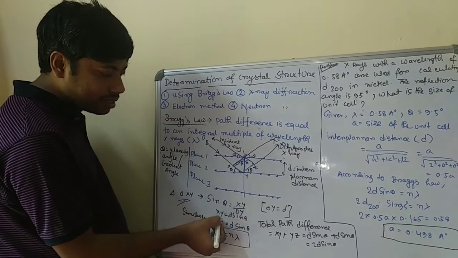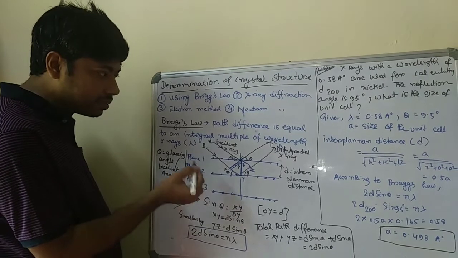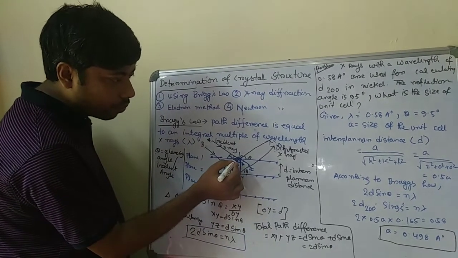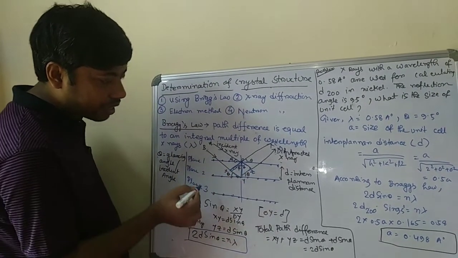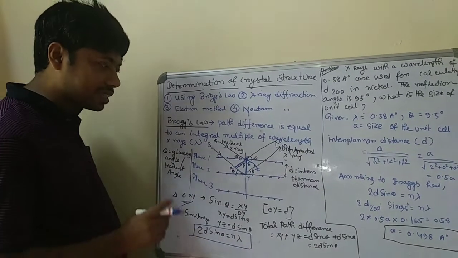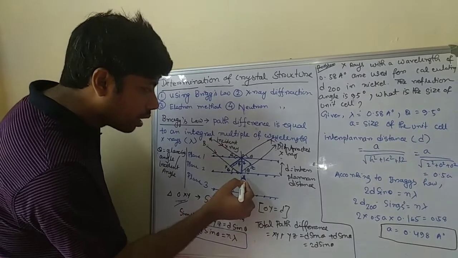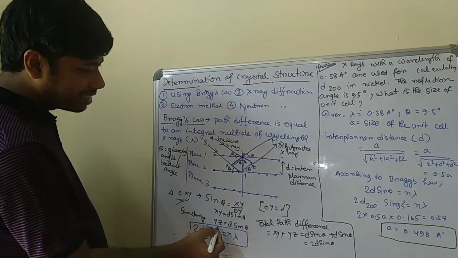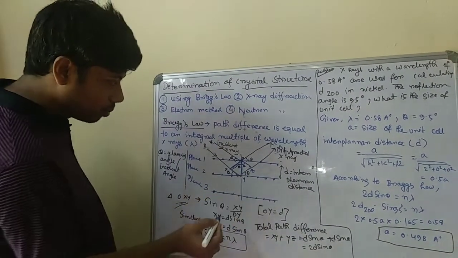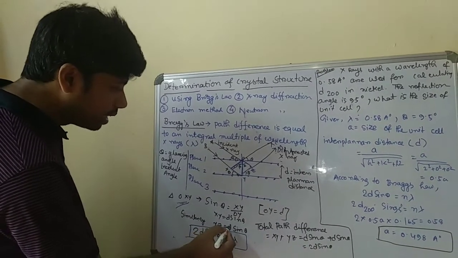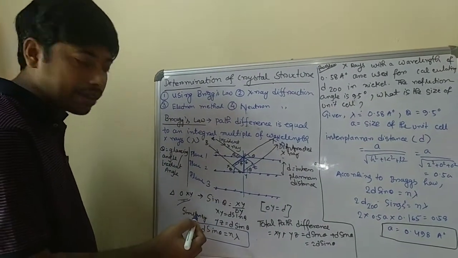So XY is equal to d sine theta. In similar fashion, for triangle O, Z and Y, the value of YZ will also be d sine theta.